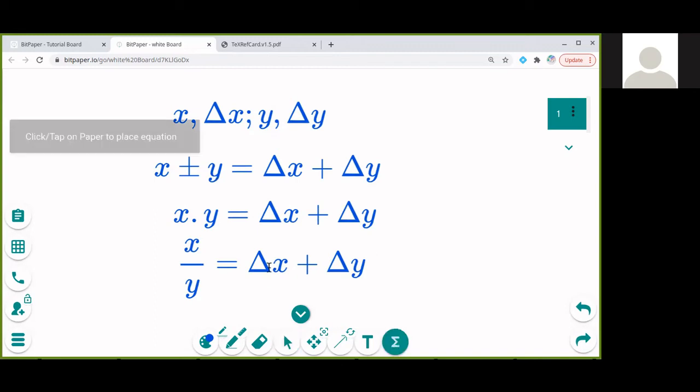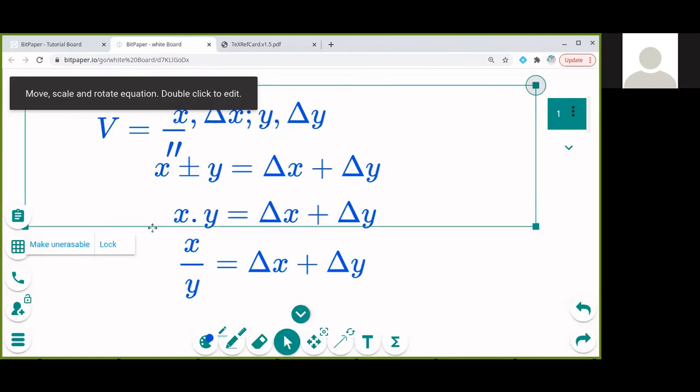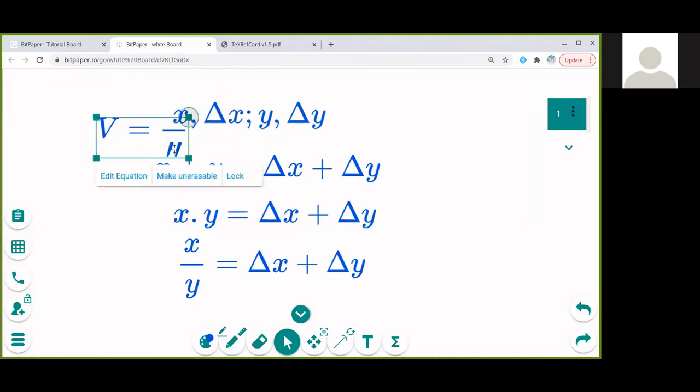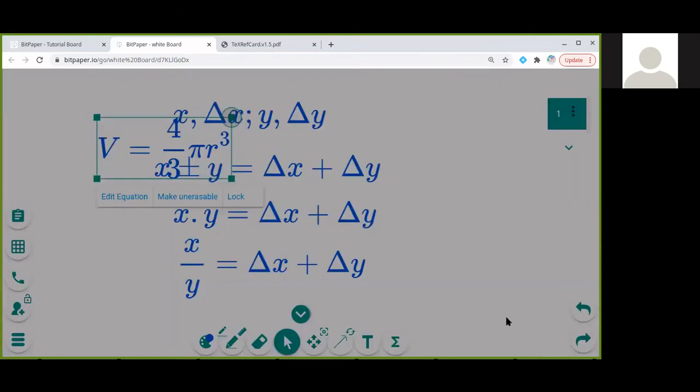The equation for the volume of a sphere is 4 over 3 pi r cubed.